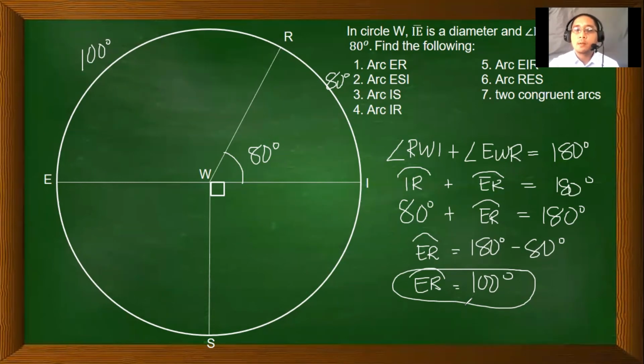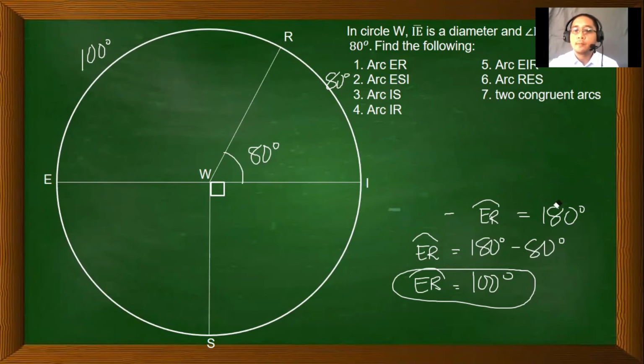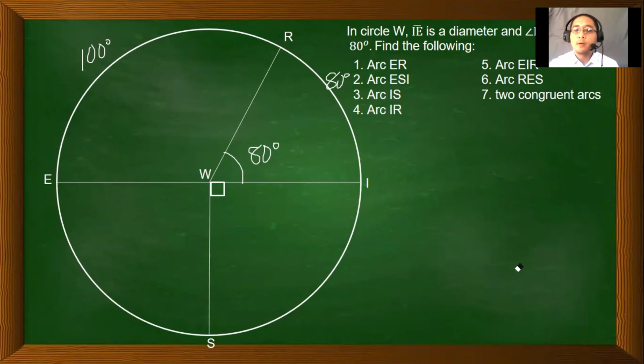Now let's proceed to arc ESI. What is the measurement of arc ESI? Based on the given illustration, according to the statement, EI is a diameter.